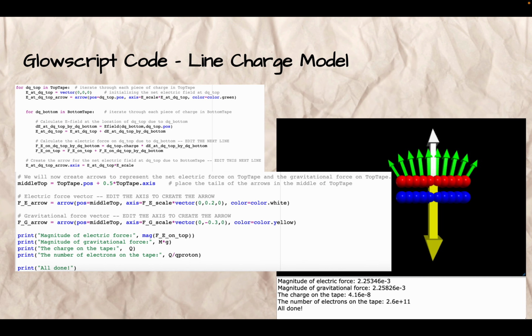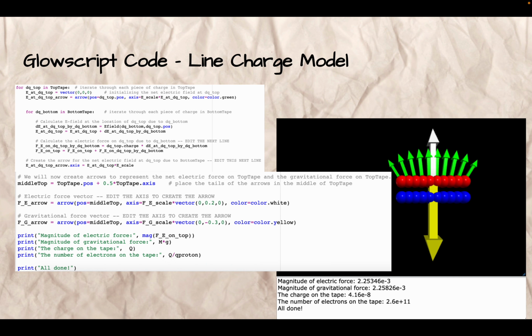For the line charge model, we model it slightly differently. Instead of a point charge, each tape is represented by a line charge. So we have to iterate through each piece of the line charge and calculate the force acting on each one. As can be seen in the model, the force acting on each piece is slightly different, as the arrows are not all pointing straight up.